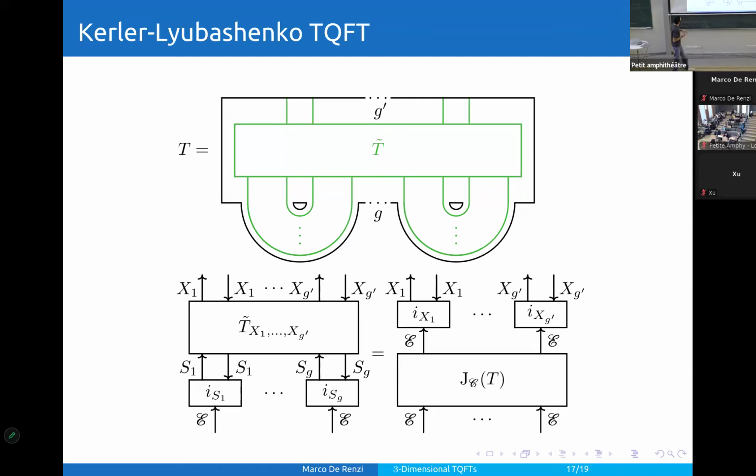And whenever you have a top tangle T, let's say in a genus g handlebody and with g' components, this is a morphism from g to g' in the category of top tangles in handlebodies. And the definition of this functor requires you to, if you take this as a definition for objects, if you want to map the object g to the g-th tensor power of this universal object inside your finite ribbon category C, then I need to tell you where to map a top tangle T of this form.